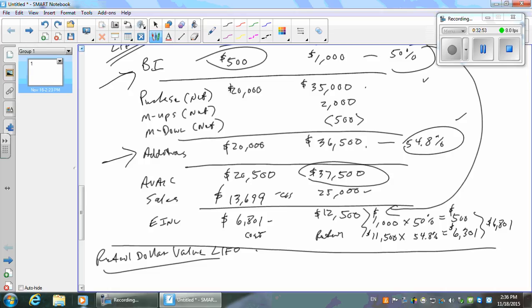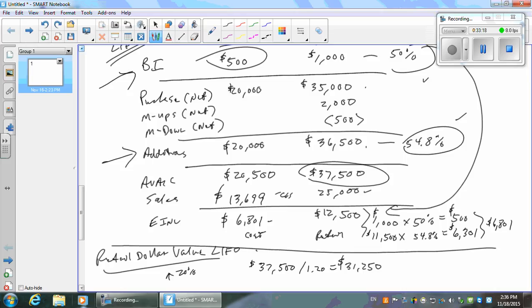Deflate the 37.5. Let's say I had 20% as my increase, my price index. Divided by 120, and where will I be? 31,250. Okay, so I've got 31,250.